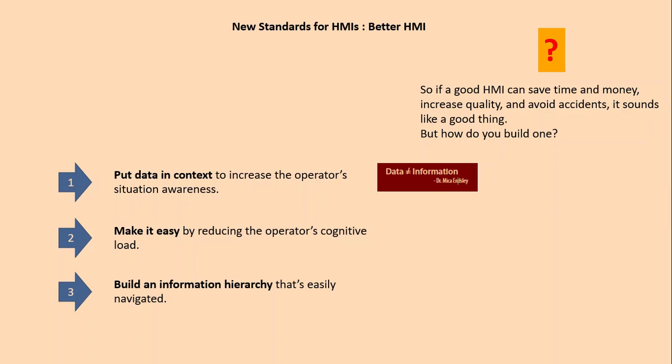So it should be very easy to make decisions based on the events on the screen, and build an information hierarchy that's easily navigated. Jumping from one screen to another screen, from one page to another page, from one part of the plant to another part of the plant should be smooth, and it should be done in an easier way.